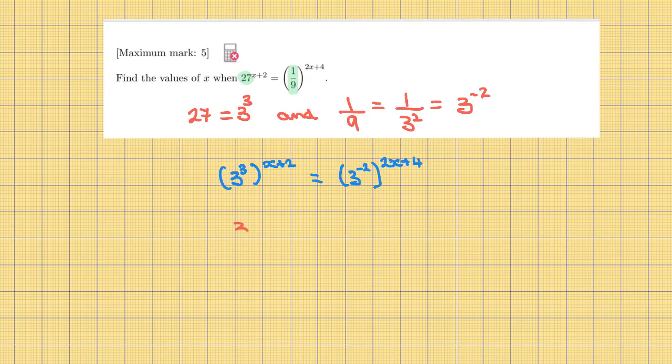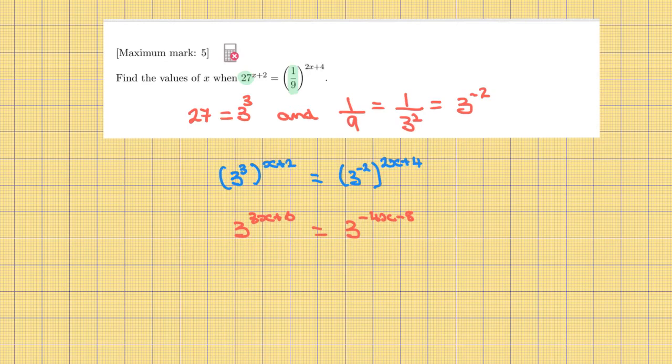So we get 3 to the power of 3x plus 6 equals 3 to the power of minus 4x minus 8.